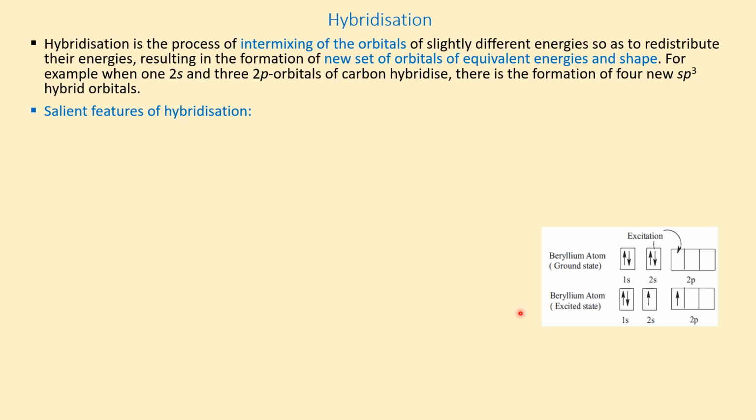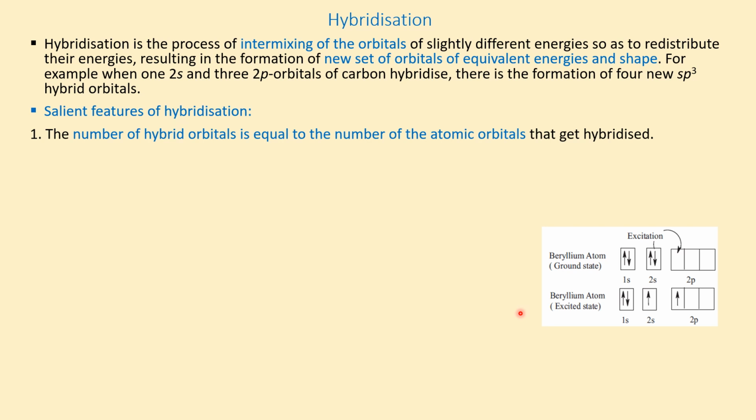Salient features of hybridization. The number of hybrid orbitals is equal to the number of atomic orbitals. Please see here, there is no change in the number of orbitals. That is, the number of hybrid orbitals is equal to the number of atomic orbitals that get hybridized.